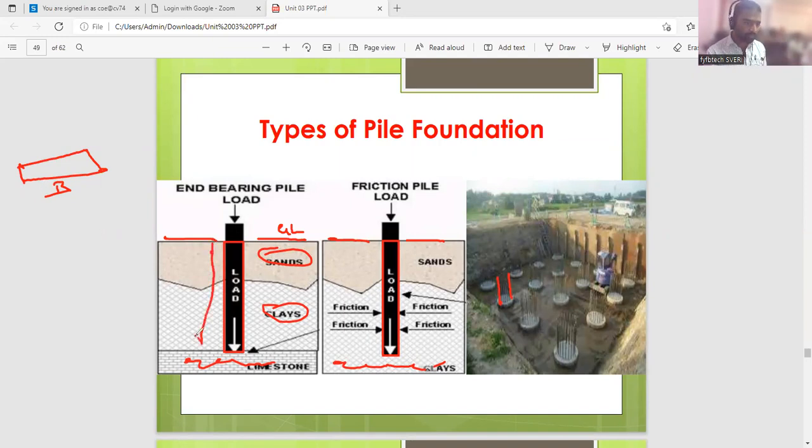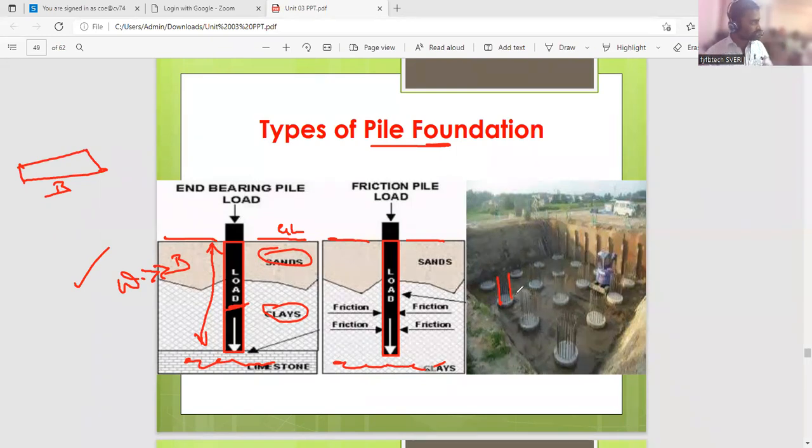Is the depth larger or the width of the foundation? The depth is very, very large compared to the width. Then it is called a deep foundation, and it is called a pile foundation because these are piles. What are piles? These are long, slender columns. Is it understood, everyone?